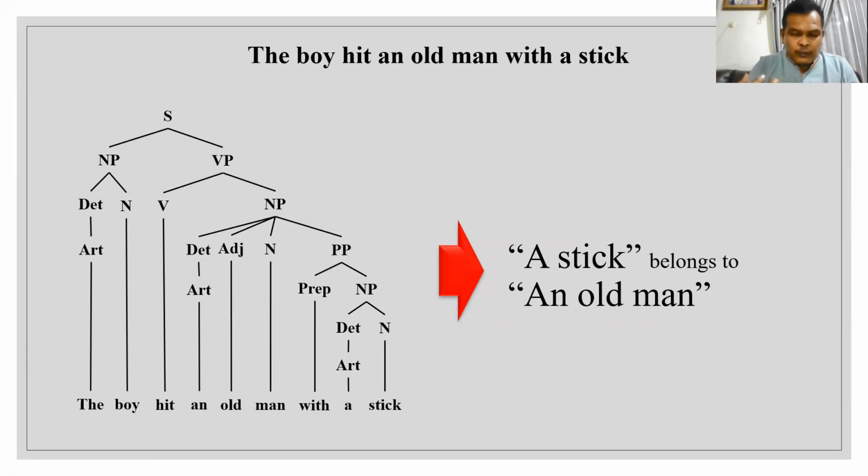That is how a tree diagram can be used as a tool to avoid or solve the problem of ambiguity in a sentence. I have already shown you two examples of ambiguity. The first ambiguity is caused by a coordinate conjunction, and the second ambiguity is caused by a preposition or a prepositional phrase.